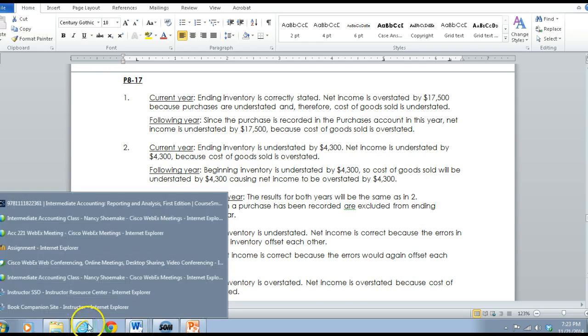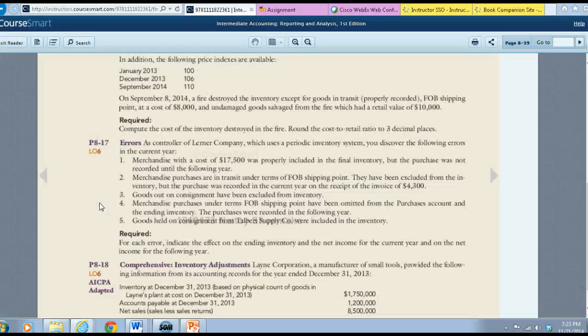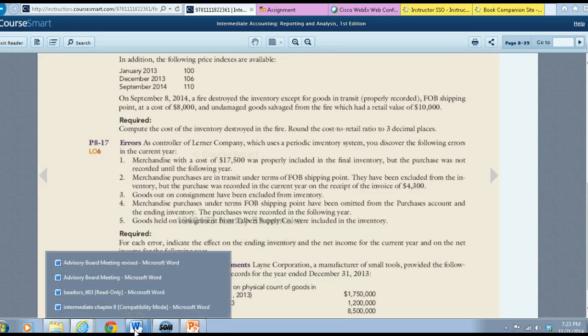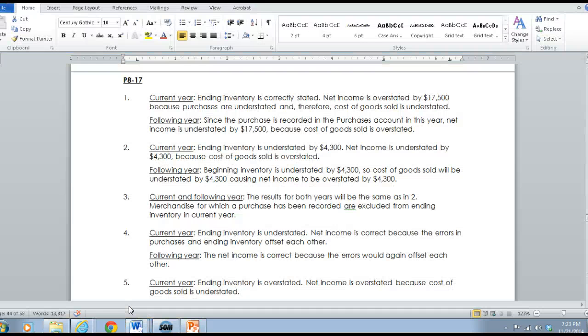Then goods out on consignment have been excluded from inventory. These are our goods that are out on consignment. They should have been included in our inventory.